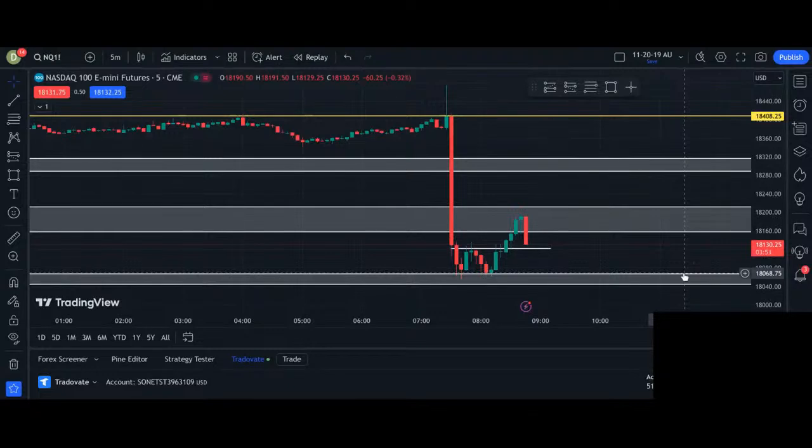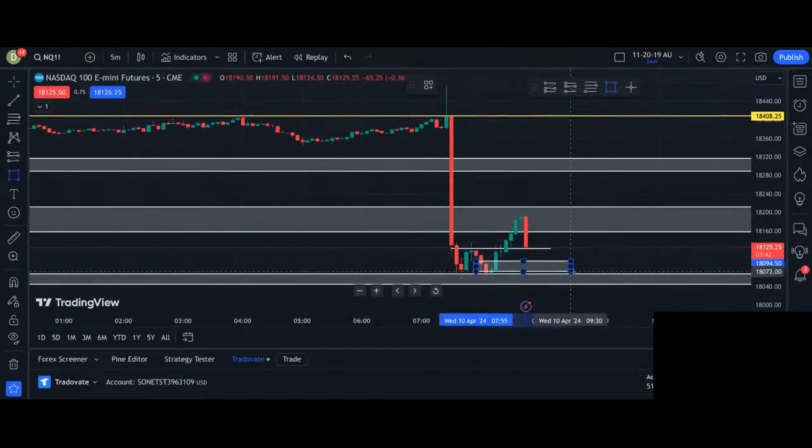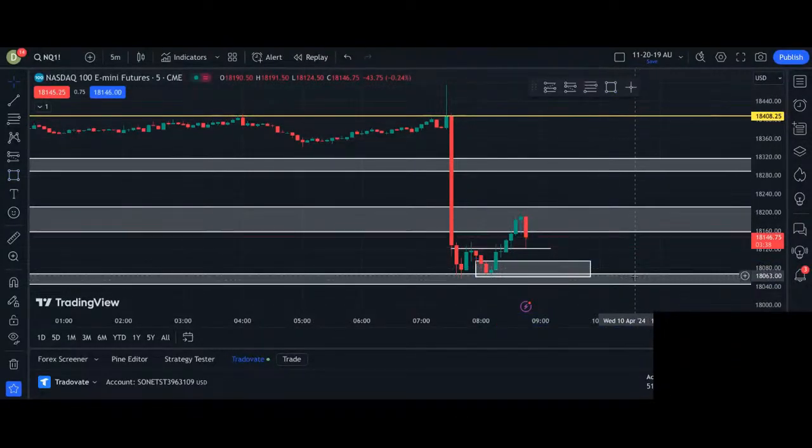Maybe giving us an entry. Maybe giving us an entry. Let's see. Got 3 minutes left in this candle.